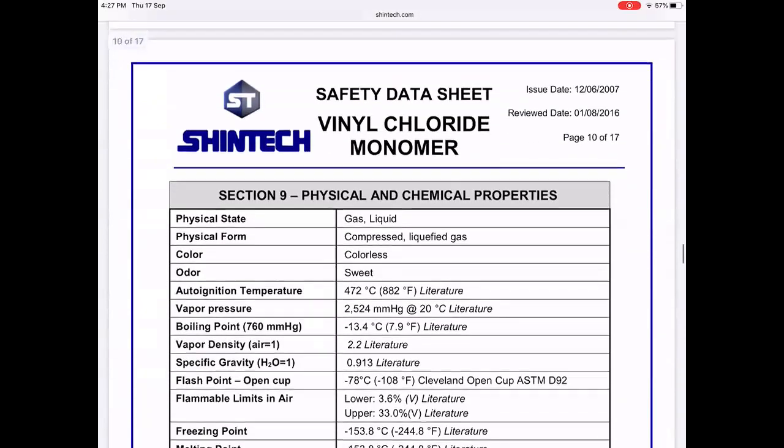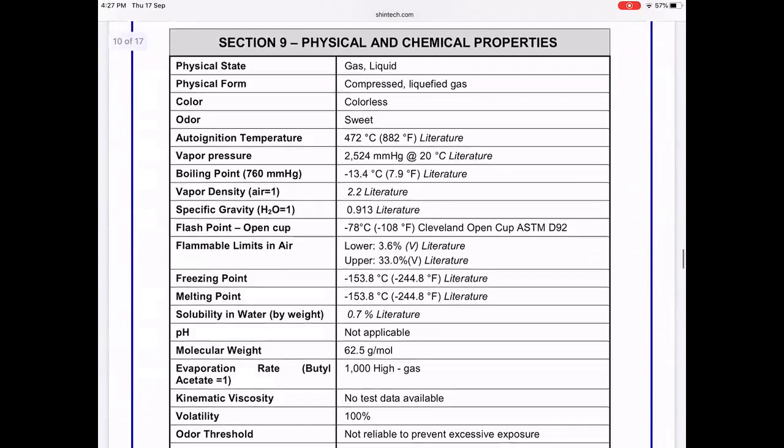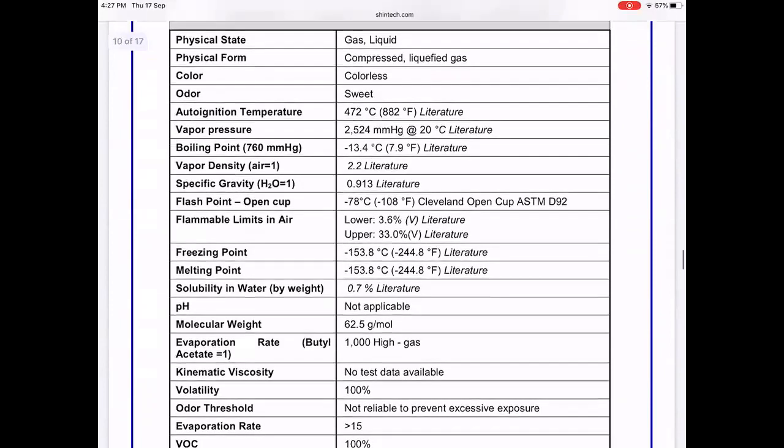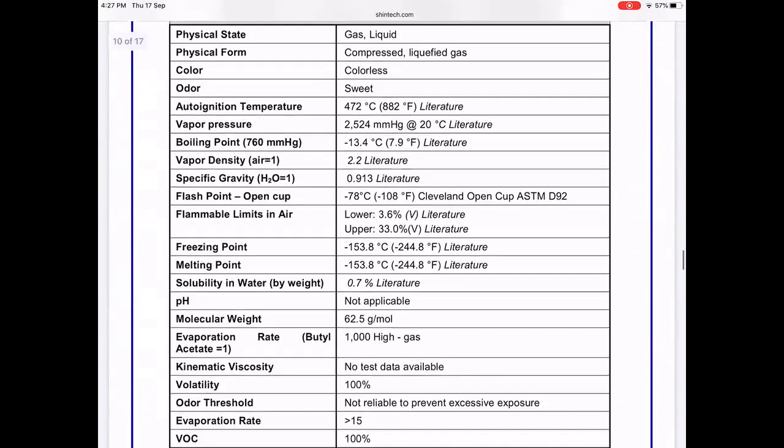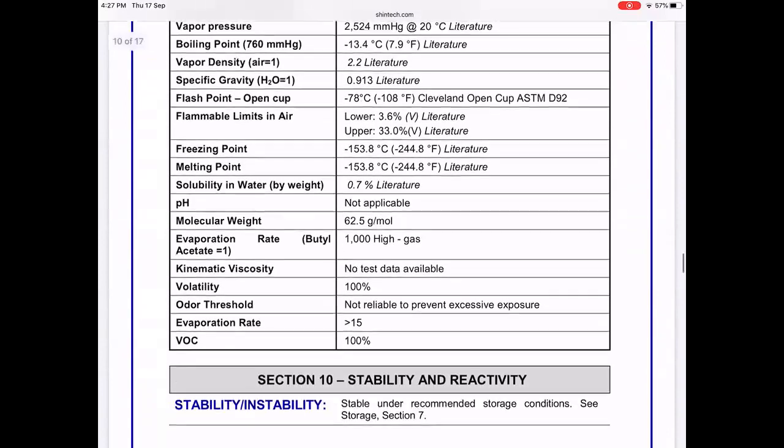Okay, section 9 talks about the physical and chemical properties. So in case you want to know what are all these flammable limits and all that, it's all in here. Okay, we are going to talk more about flammability limits, auto-ignition temperatures, what are they, in chapter 6, which is in 2 to 3 weeks from now.